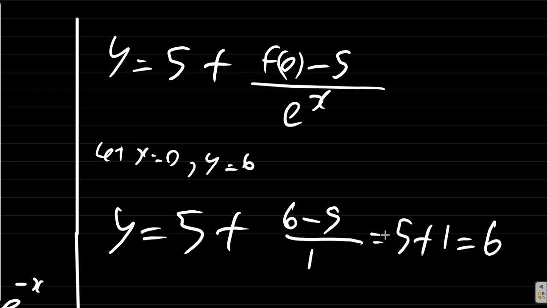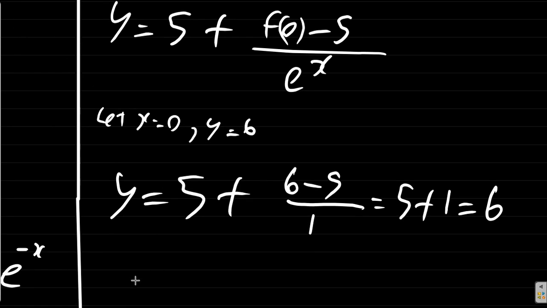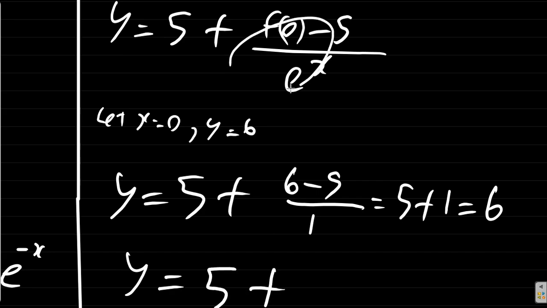So the initial condition would be 6. So what we have is y equals 5 plus, we're writing this part, where this would be the constant, the f of 0 minus 5.